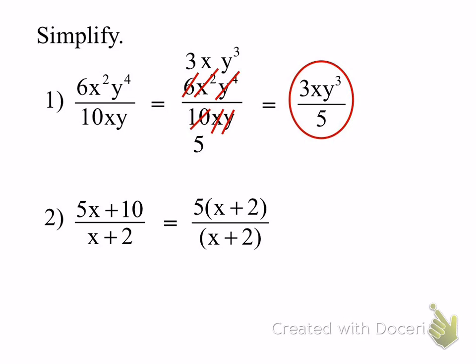You can't invite somebody to the movies and then half of their body goes to the movies. You just can't do it. You can't take half of a binomial out. If you're going to take it out, it has to look exactly the same. So when I'm seeing x is the same and 2 is the same, they're both positive, the binomials are exactly the same, so I can cross-cancel.